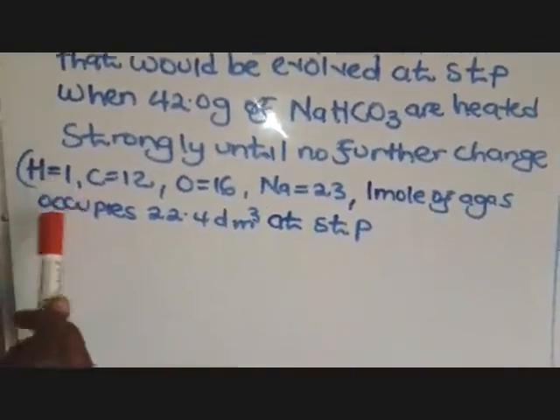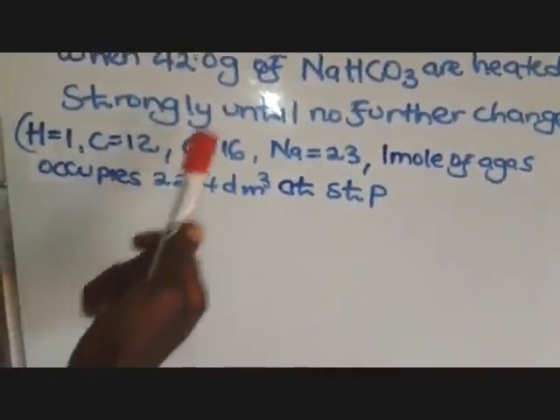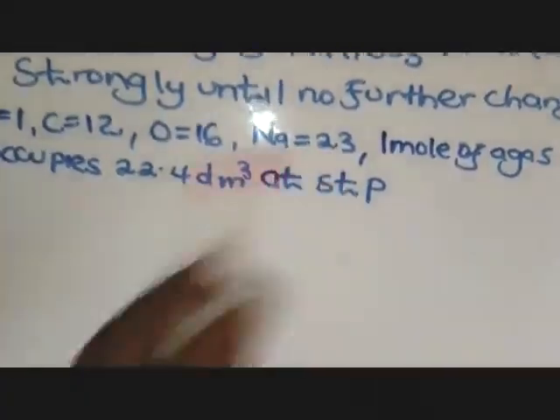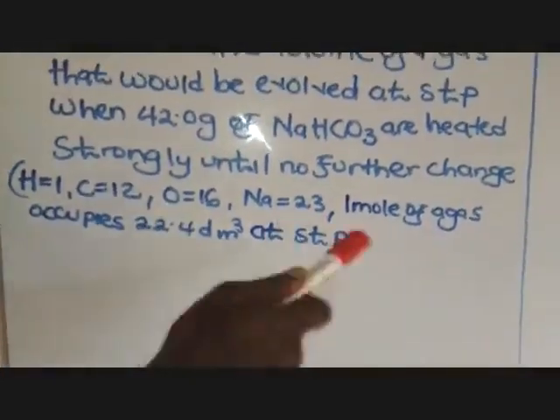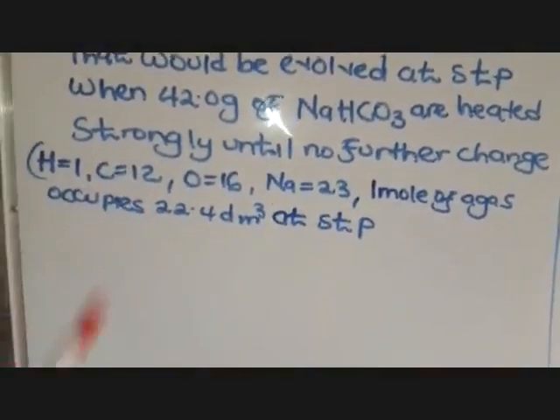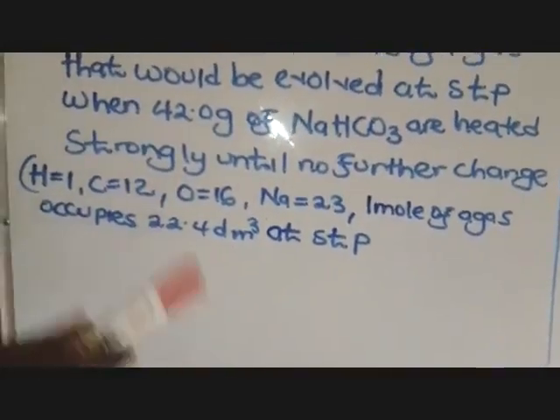Hydrogen is 1, carbon 12, oxygen 16, sodium 23, and 1 mole of a gas occupies 22.4 decimeters cubed at STP.